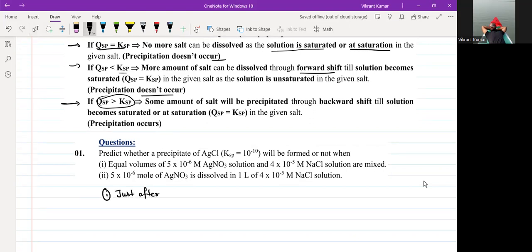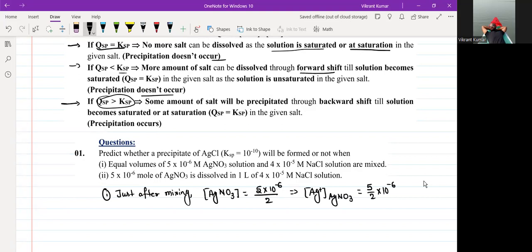I told you whenever we are mixing the solutions, just after mixing, you need to calculate the concentration. So concentration of AgNO3 has become 5 into 10 raised to minus 6 by 2 because we have mixed the equal volume. So concentration will become half. And that's why concentration of Ag plus from this AgNO3 will also become 5 by 2 into 10 raised to minus 6 because one salt is giving you one cation.